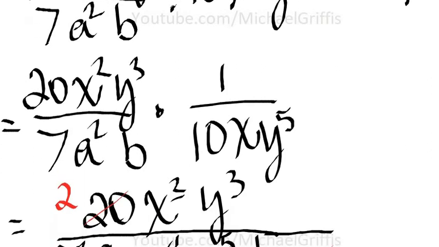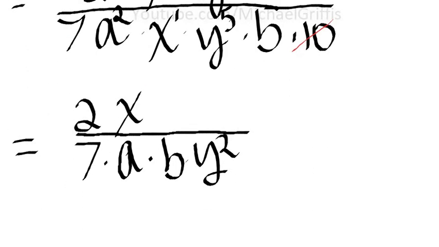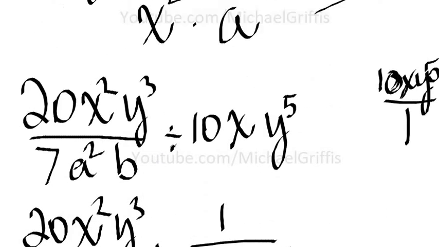What happened? This should have been a squared. We'll make that correction there. 2x over 7 times a squared times b times y squared. Okay, good enough. I think that's enough for this problem.